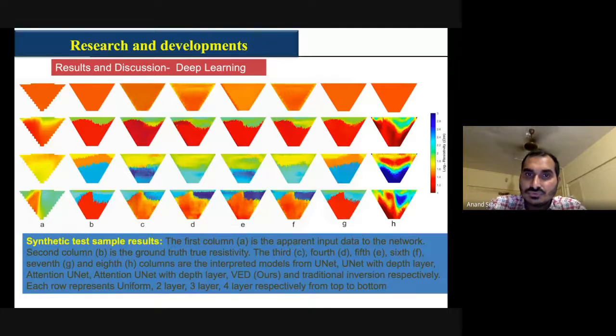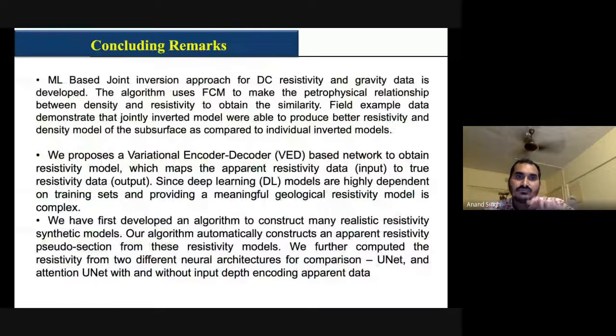So overall, from a concluding point of view, in our research group what we have noticed is that geophysical inversion is one of the important key points to obtain a subsurface image, but most of the time this inversion is not sufficient with the data sets alone.